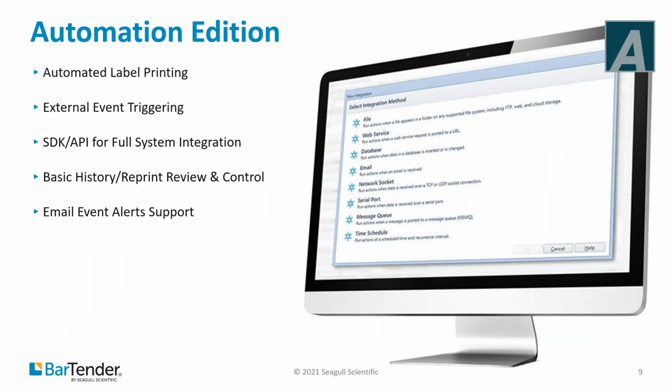Okay, so as I said, this demo is focused mainly on Automation Edition, which automates your label printing. It accepts the outside signals, and those can come from a wide range of things. You see here on the sample screen, that is actually a shot from our Integration Builder. We can take it from what we call a file drop. BarTender's just monitoring a particular folder, and then a file appears.